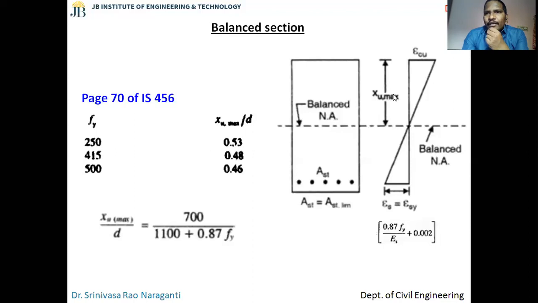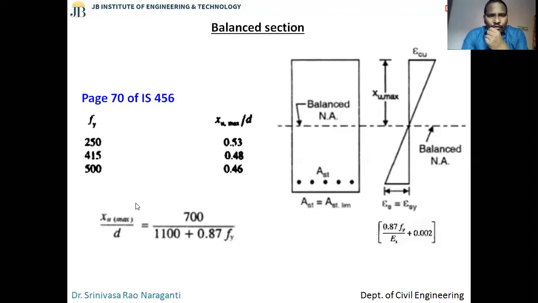This is the maximum we can allow. The moment I say max notation, we're talking about a balanced section. We can find the depth of neutral axis of a balanced section using this equation: Xu max by d is equal to 700 by (1100 plus 0.87 fy). This is the equation we use to find the depth of neutral axis of a balanced section.